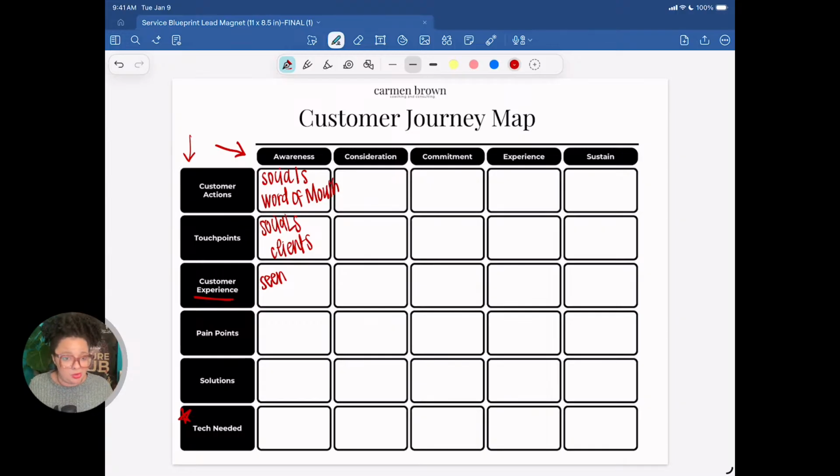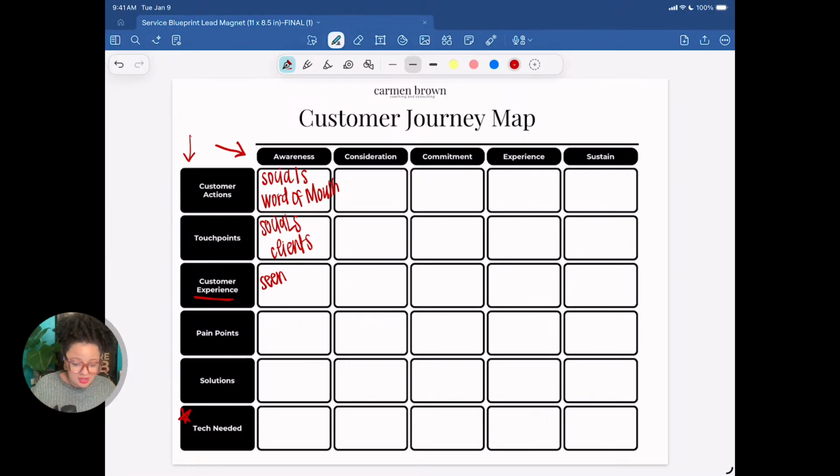Now, let's talk about pain points. Because we've already said that we want our people to feel seen, or whatever that adjective is for you and your people, what you want them to feel, what you want them to experience. So at the awareness phase, when people are just discovering you, what pain might they be experiencing as a part of your awareness?